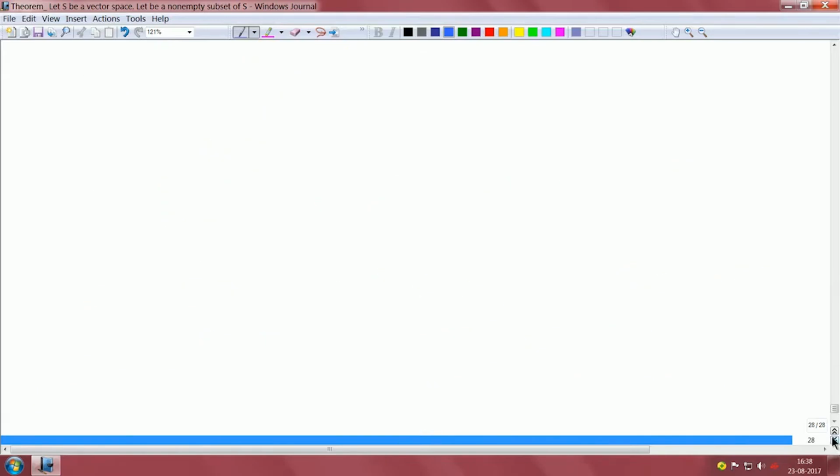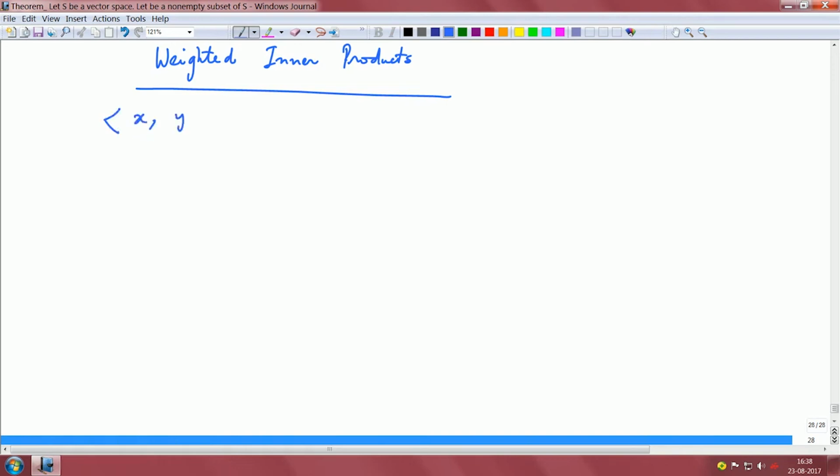Now, there is this notion of weighted inner products. So, you might philosophically ask a question. Suppose I look at two vectors x and y, and I weigh them by a weighing matrix W, right.